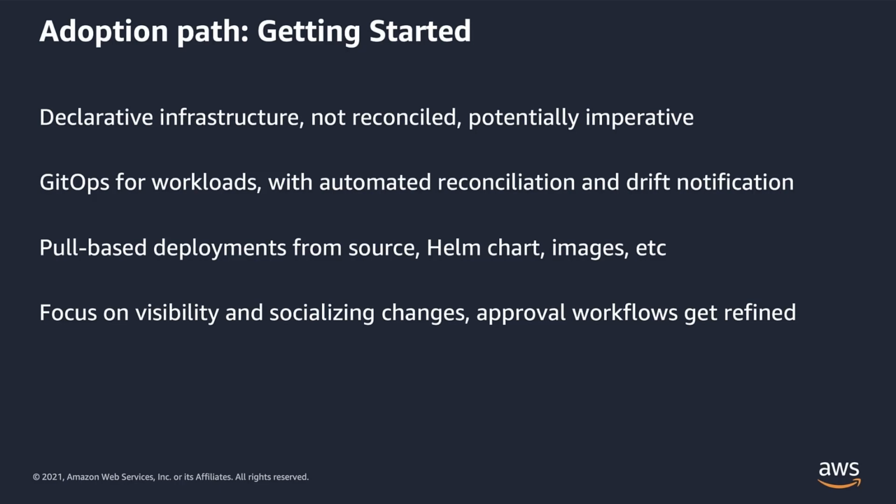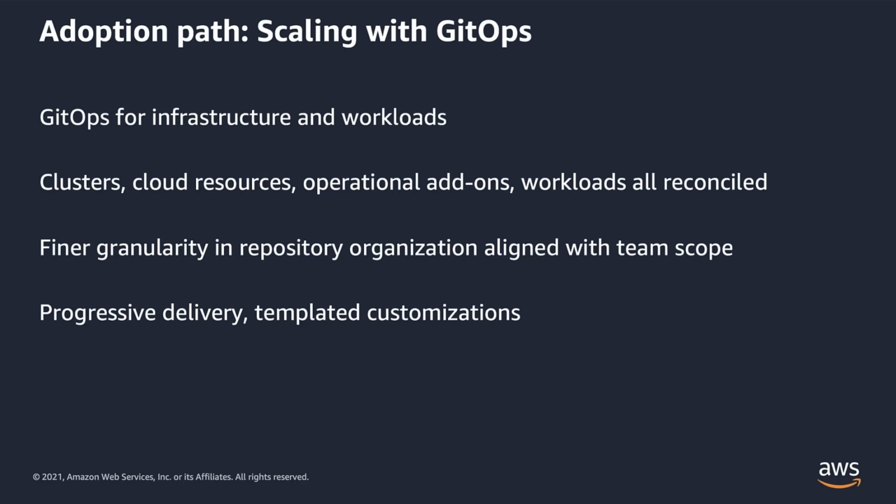Really, the next phase, scaling. This is where you want to start rolling your teams in, start socializing this, and really start getting the planning done. So this is, I think, a good goal for most orgs. You're moving to GitOps for both infrastructure and workloads. This finer granularity on repository organization is what we talked about.